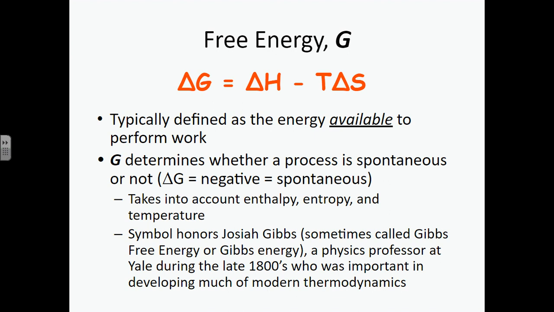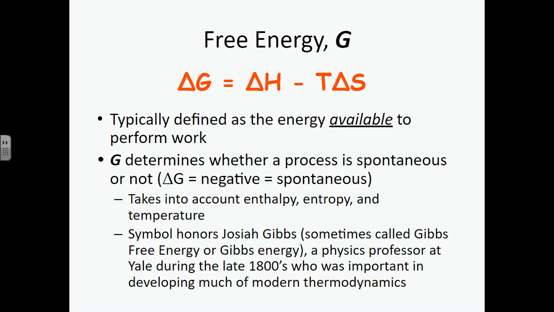He was a physics professor in the 1800s and contributed significantly to the world of thermodynamics. Delta H refers to our change in heat, or enthalpy. T refers to temperature, and that has to be in Kelvin, can't be in degrees Celsius or Fahrenheit. And delta S refers to a term that we've talked exclusively about up to this point, entropy.